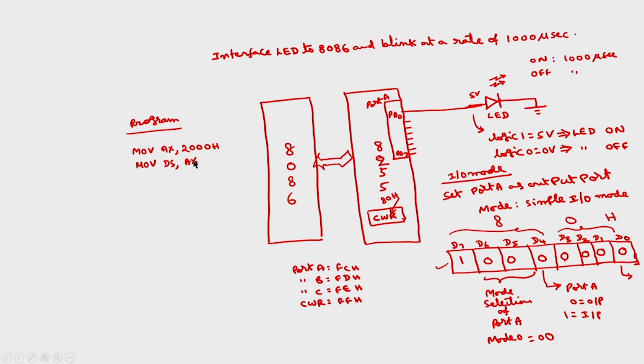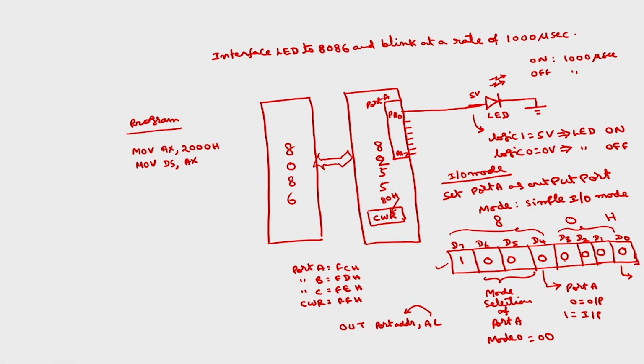Now, for IN and OUT instructions, you have to output the data. So, you take some data into the AL register. We know that there are 2 instructions, IN and OUT. The OUT instruction is OUT port address, comma AL. This will output the data from AL onto the port address specified in the instruction.